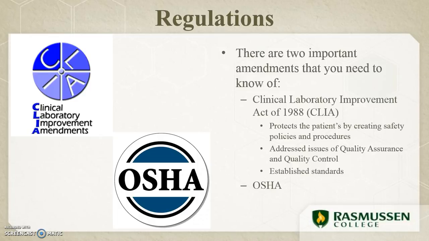This was created in a way to protect patients by creating safety policies and procedures. The amendment addresses issues of quality control, quality assurance, record keeping, and qualifications of the personnel performing certain lab tests.